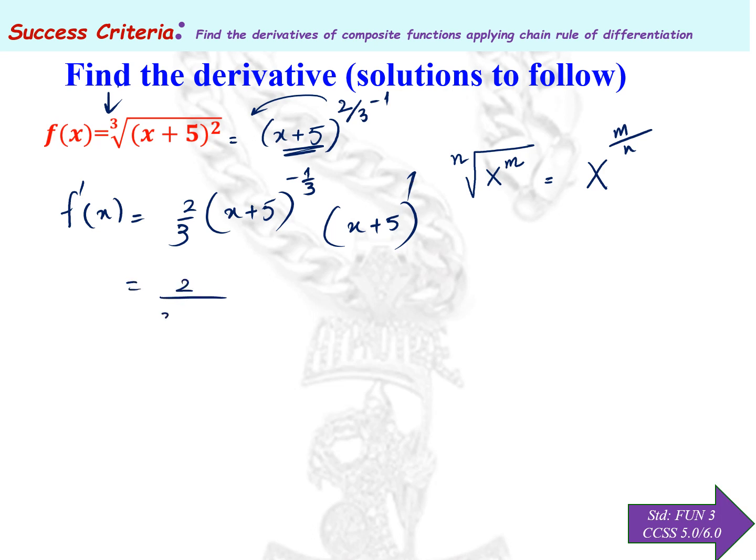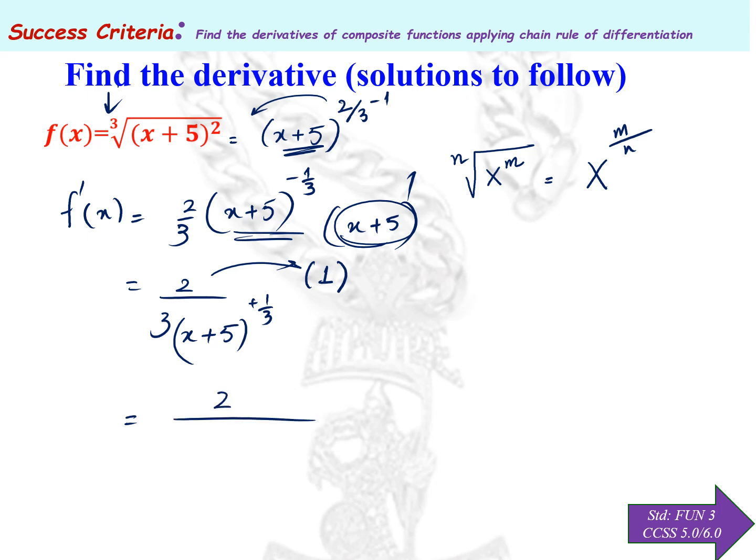So 2 by 3, bring this down to convert the negative power into positive power, 1 over 3. Now the derivative of x is 1. The derivative of 5 is 0. Now you can simplify. 2 times 1 is 2 over 3, and the rest you copy down.